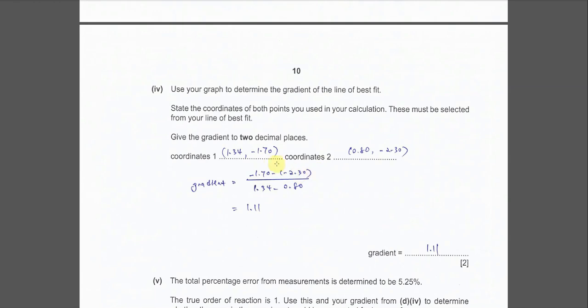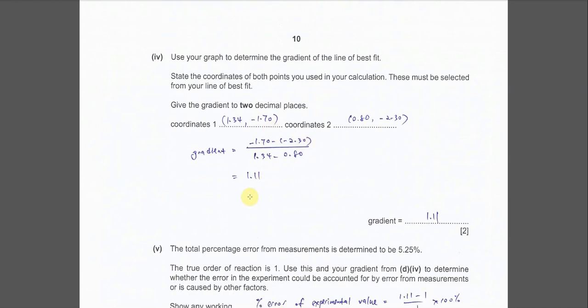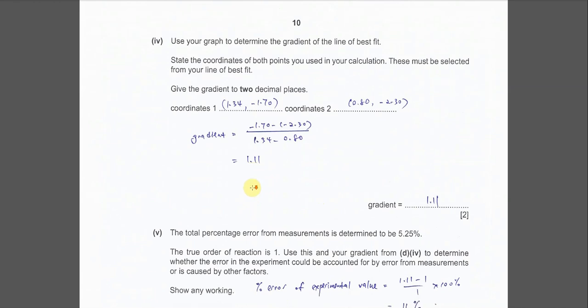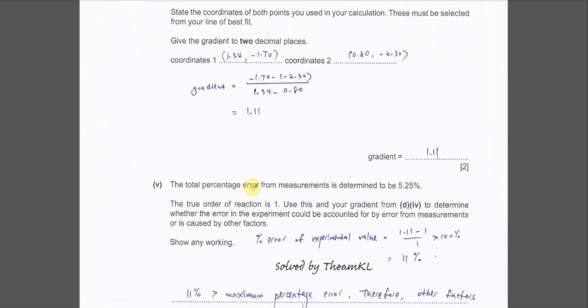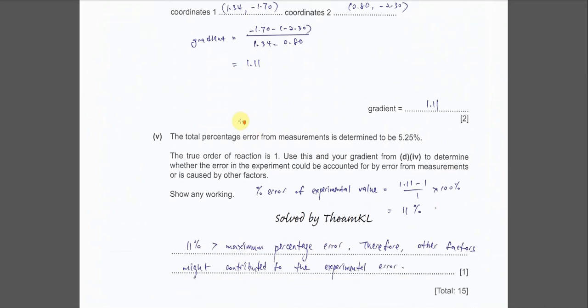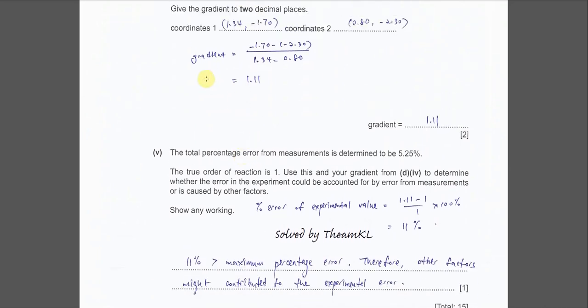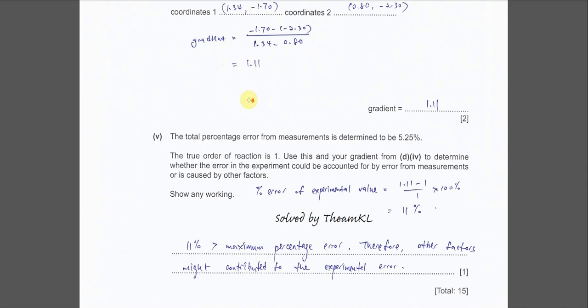You can choose yours, right? So calculate, and you should get around 1. For mine, I get 1.11. The gradient, as I told you just now, is the order. So the order is actually first order.